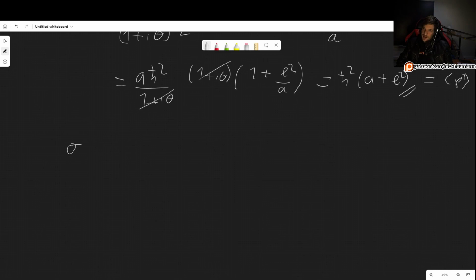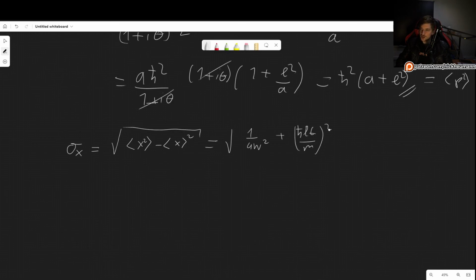So now if we want to find the uncertainties, sigma x, for example, this is the square root of the expectation of x squared minus the expectation of x, squared. So let's plug in our values. What were they? It was 1 over 4w squared plus h L t over m squared, so this was the expectation value of L squared.